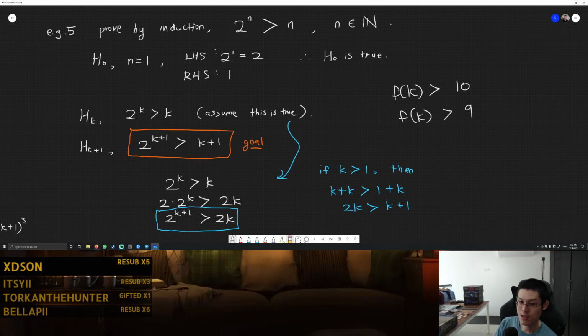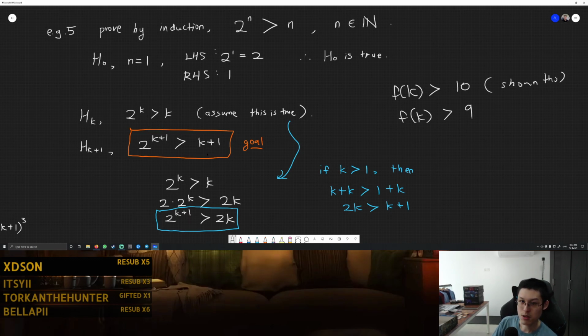Okay, so fk is greater than 10. So we've proven this, right? We've shown this. This is actually this blue statement here, because we know that 2k is greater than k plus 1. So we've shown that fk is greater than 10, which means fk must be greater than 9 as well. Obviously, if something is bigger than 10, it also has to be bigger than 9.